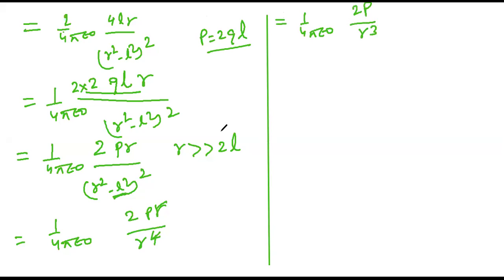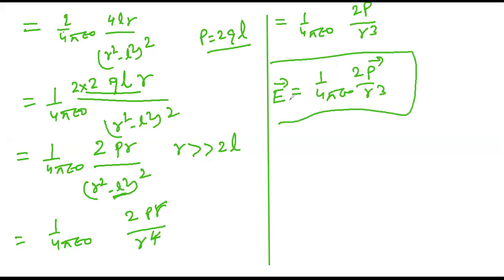Any problem? No, sir. So this is one formula you got, 1 by 4 pi epsilon naught 2p divided by r cubed. This is in which position? First one we have derived for the axis of dipole. Any problem? No, sir.